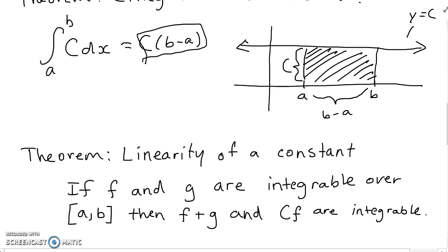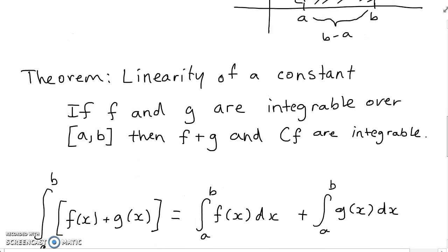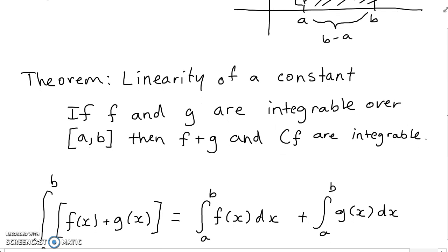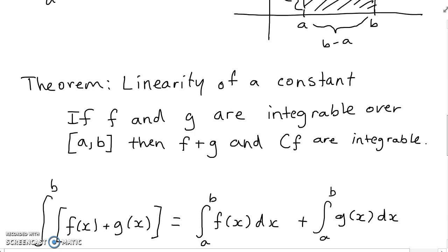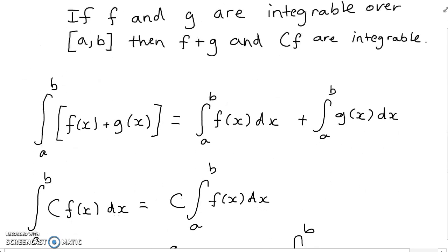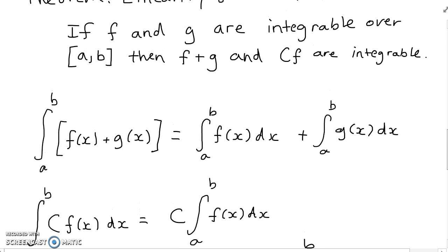So, linearity. If f and g are integrable over [a, b], then f plus g and a constant times f are integrable. Here are a couple of formulas that are used. The integral from a to b of f of x plus g of x can be split up into two integrals.